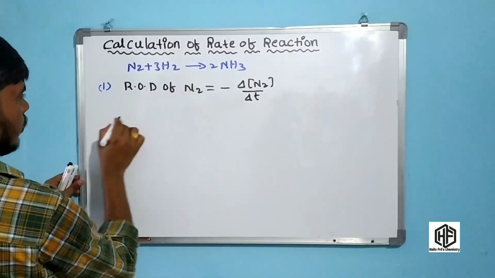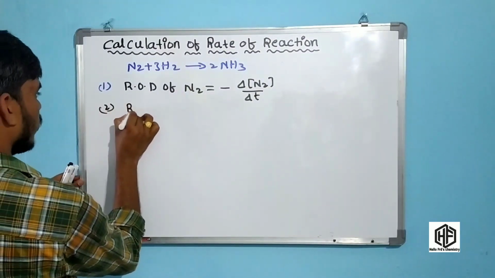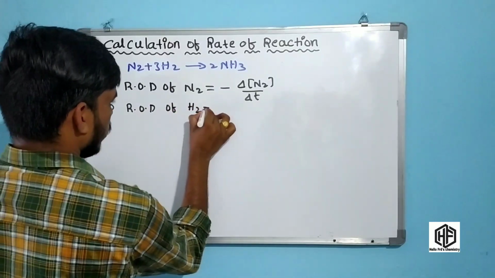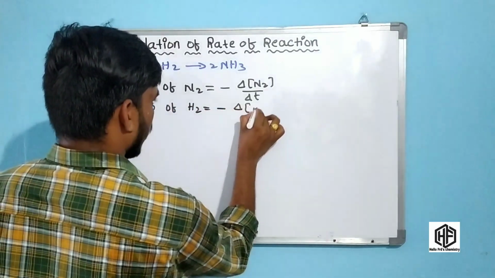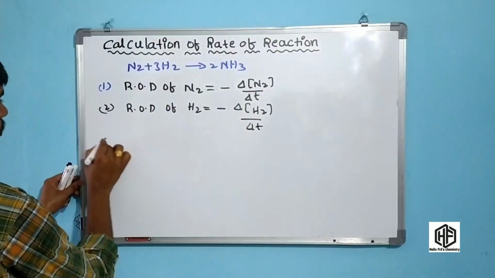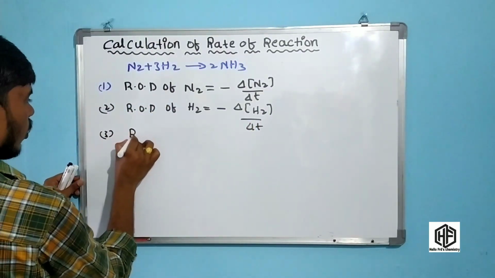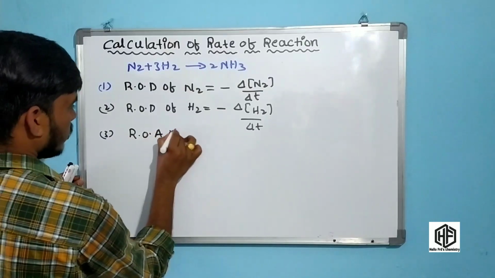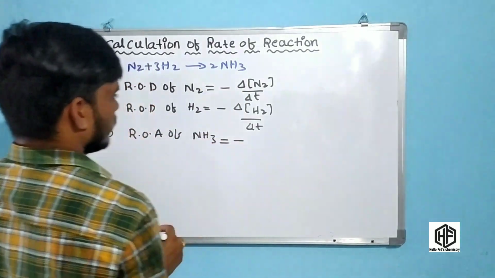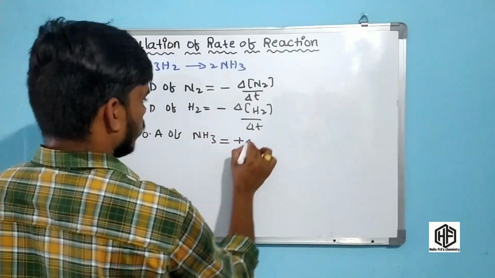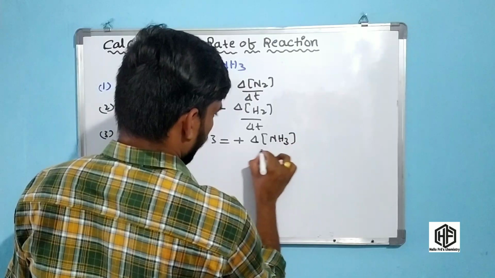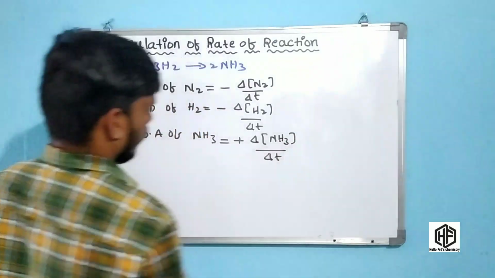As well, the rate of disappearance of H2 is equal to minus change in concentration of H2 by delta t. This is the general formula, friends. And the rate of appearance of NH3 is equal to the positive change in concentration of NH3 by change in time t.